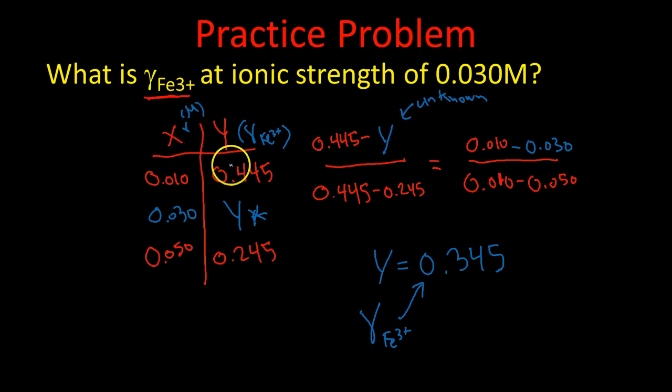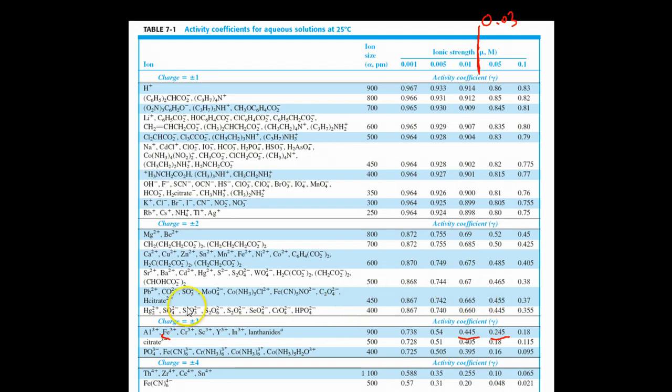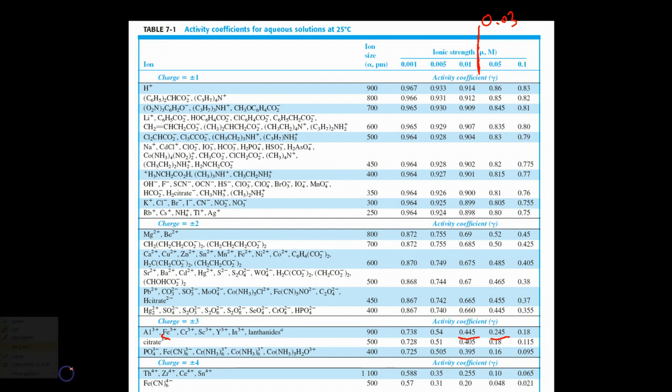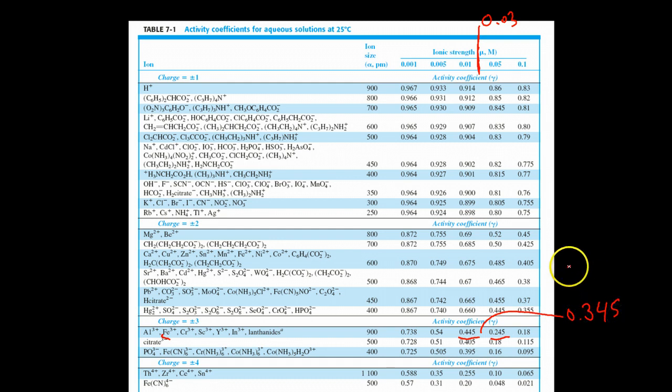So if you have two known activity coefficients, or gammas, and two known ionic strengths, you can find one in between, because the relationship, particularly at close ranges, is fairly linear. The one we just calculated, 0.345, fits right in between these two, and that is our activity coefficient at mu equals 0.030 molar.